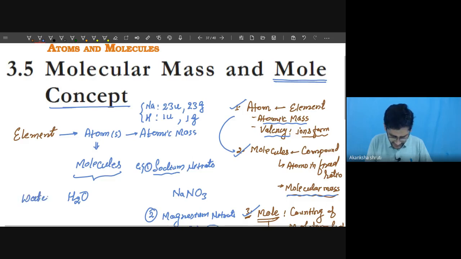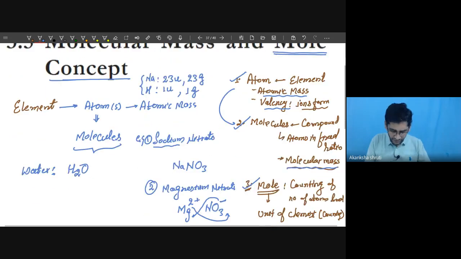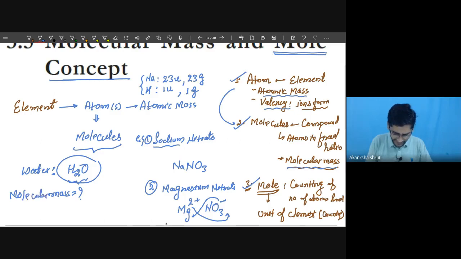So water is written in molecular form. For this water, what will be its mass? So first we will learn, mass is equal to how much? The mass of this molecule is called its molecular mass. So we will calculate the molecular mass.